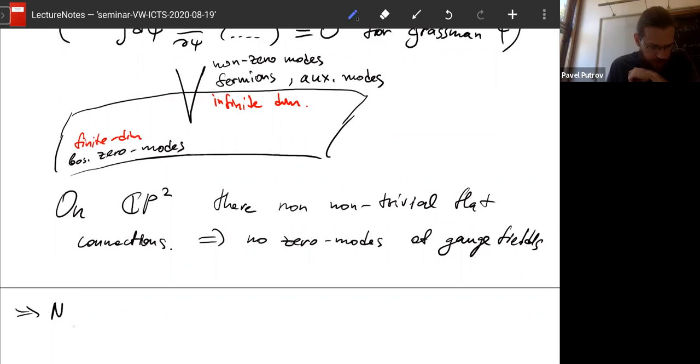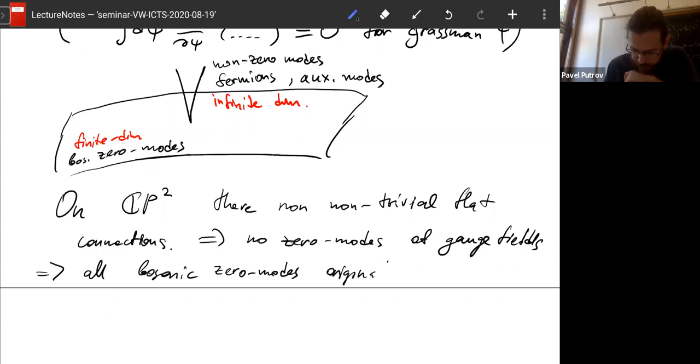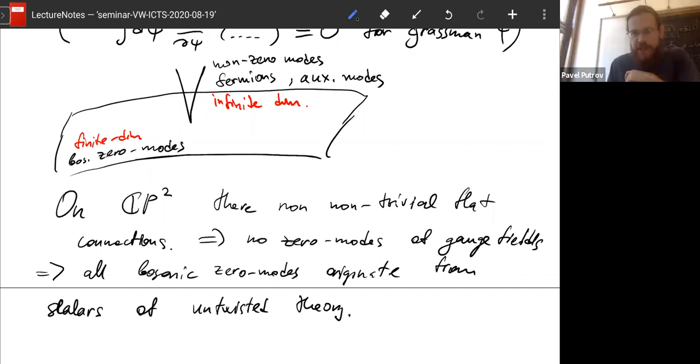Okay, let me write it here. All bosonic zero modes originate from scalars. So in the twisted theory, the only bosons we had were a gauge field and the scalars.